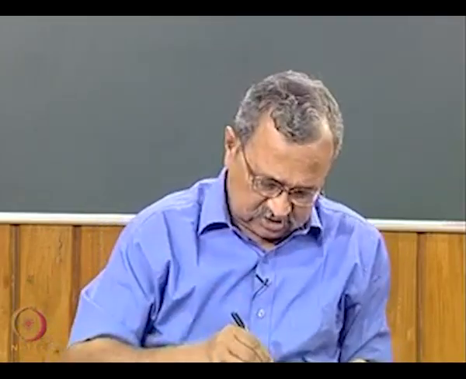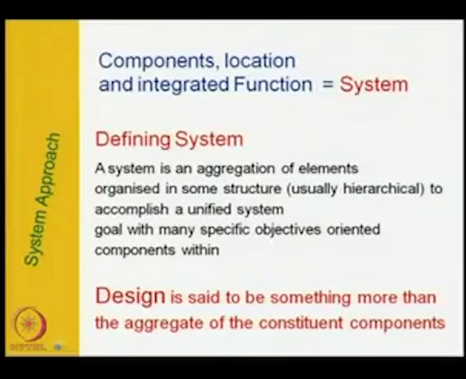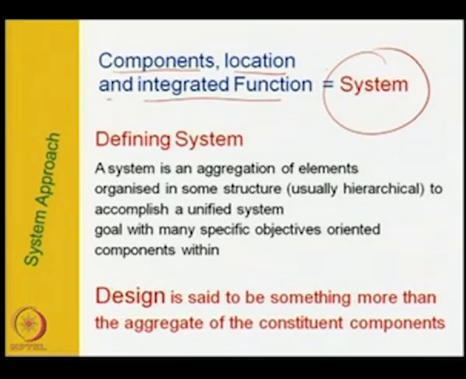Now, we will see some of the issues in this. What does it mean by system approach? Whatever we discussed just now, let us see the components, location and integrated function is a system.